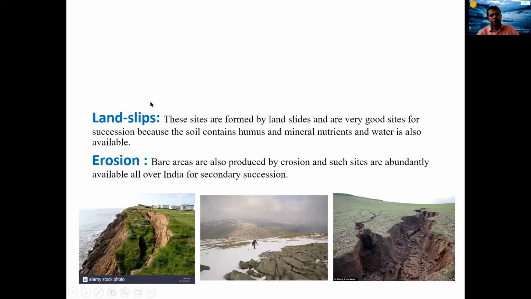The other example is landslips or landslides, right? Landslides expose soil and rock that might never have been exposed to the environment before, and they will start developing new communities, right?